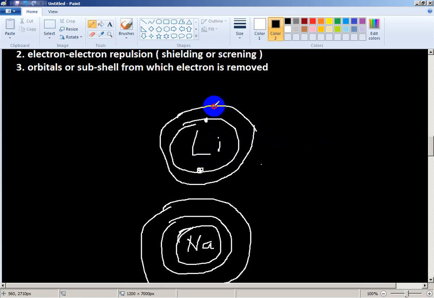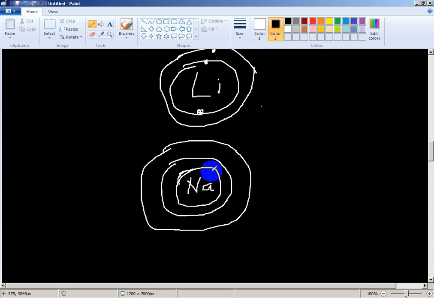Sodium has 2 electrons in the first shell, 8 in the second shell, and 1 electron in the third shell.